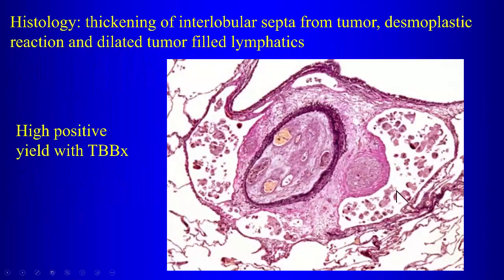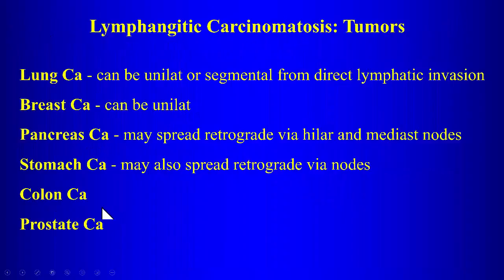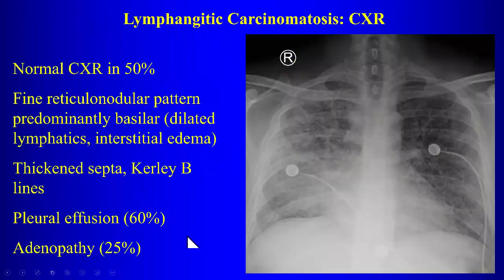And if we're thinking about this, you can recommend transbronchial biopsy because transbronchial biopsy has a very high positive yield for lymphangitic carcinomatosis. Okay? So the tumors that can do it: lung cancer, breast cancer, upper abdominal tumors also can give you lymphangitic carcinomatosis. Any tumor, though, can give you lymphangitic carcinomatosis.